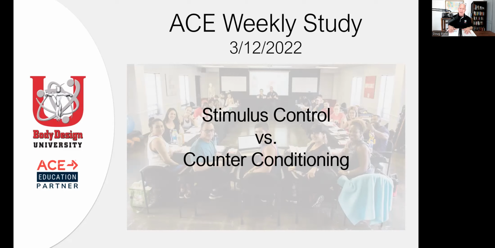There's a lot to it, and there's more information that I'm going to be bringing out on it in chapter 3, because ACE put it at the beginning of their textbook for a really good reason. This is the stuff that ultimately, more than anything else, is going to help your clients to make the necessary changes to their lifestyle, their behaviors when it comes to accomplishing their goals.